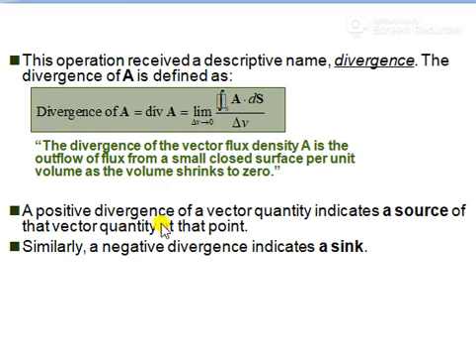The positive divergence of a vector quantity indicates a source of that quantity at that point. Similarly, negative divergence indicates a sink. So this is the statement of the divergence of vector flux density, and this is the equation.